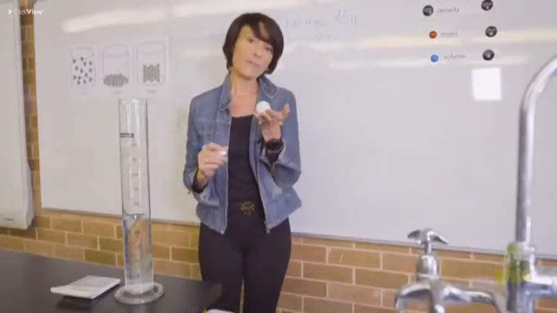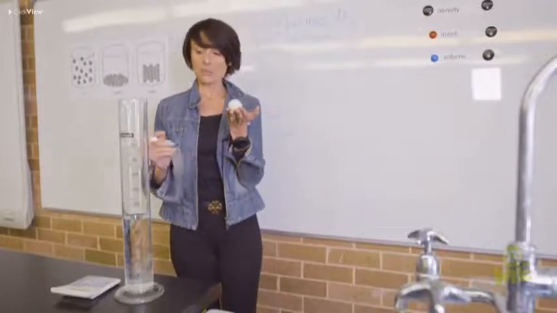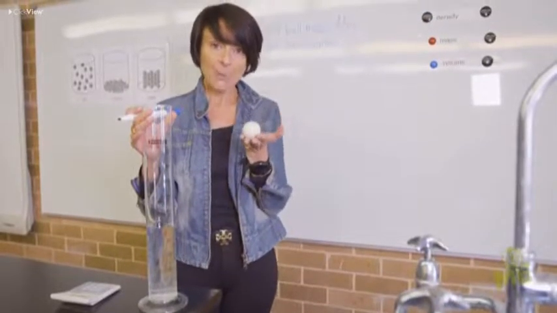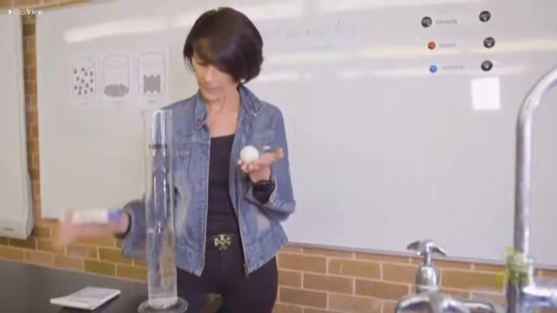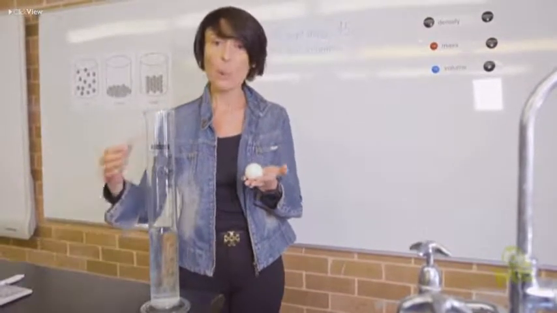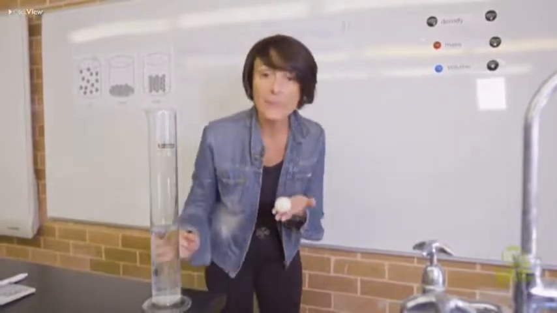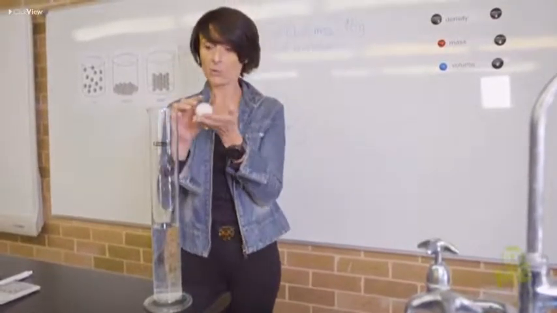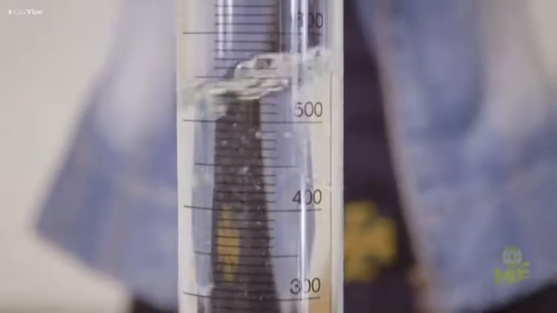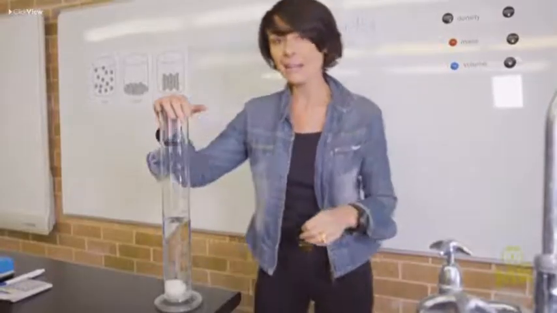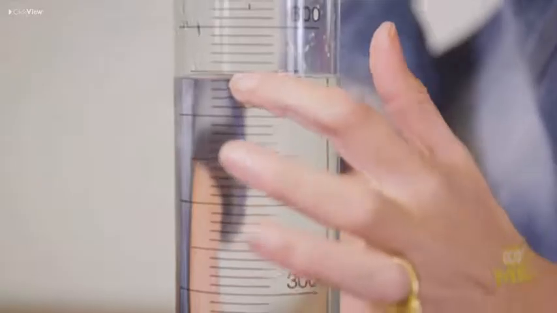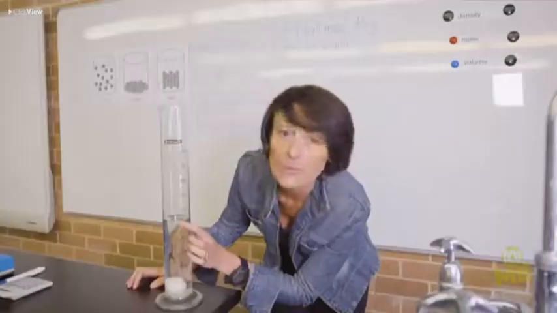To work out the volume of the golf ball, I need to use a measuring cylinder and I need to work out how much water it displaces. To do that, I've put some water inside the measuring cylinder and it is reading at 500 mils. I'm now going to place the golf ball inside the measuring cylinder and I'm going to take the reading of the water, 540 mils.